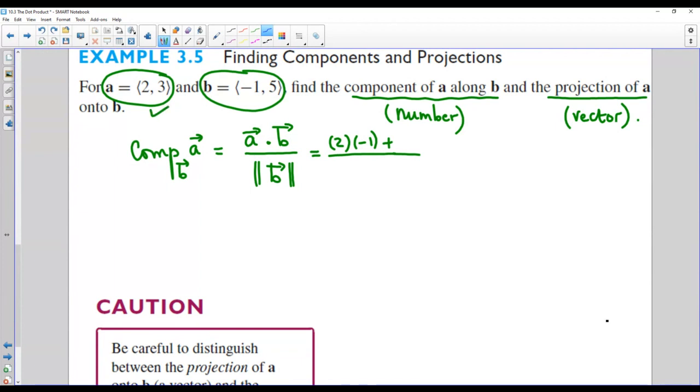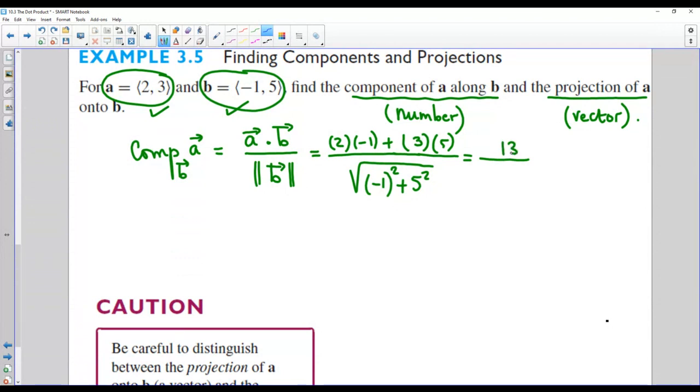So A is here, B is here. So I want their dot product. So plus 3 times 5 over the magnitude of B, which is the square root of minus 1 squared plus 5 squared, like this. So the numerator will be what? 15? 13, yes?